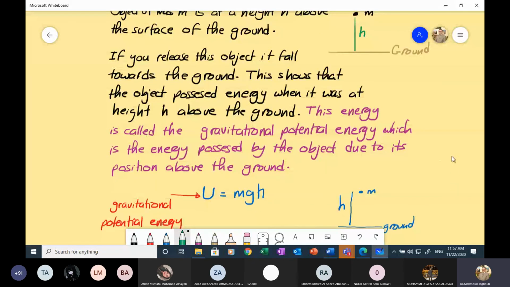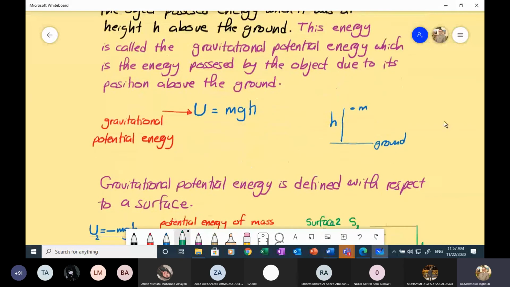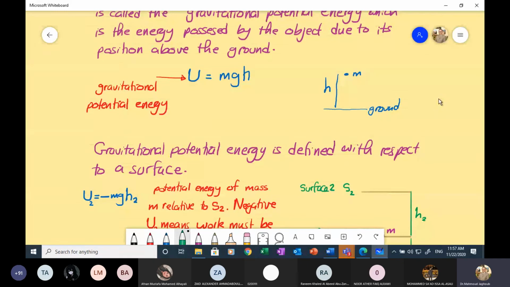طيب, how do we calculate the gravitational potential energy? We give it the symbol U, which equals the weight, mg, the weight of that object multiplied by its height from the ground.